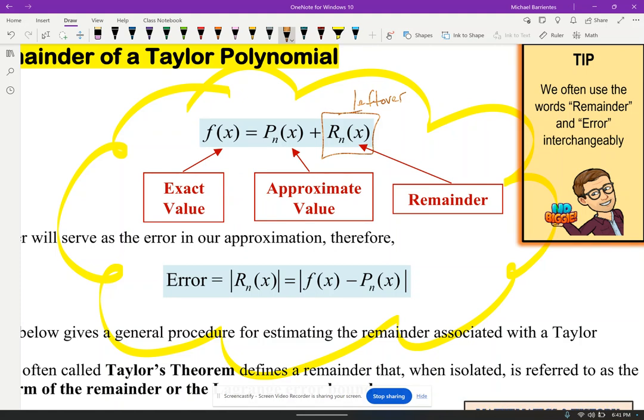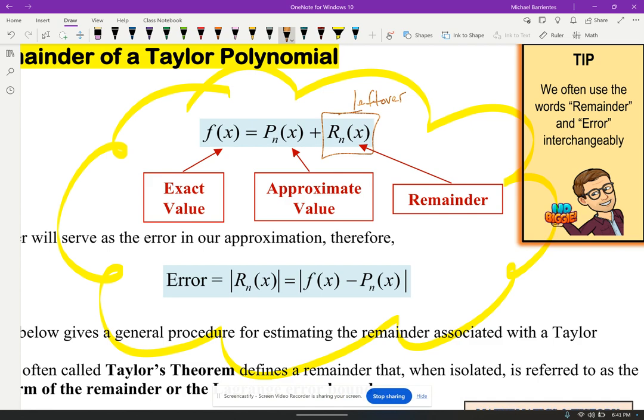And so therefore, this remainder is what we base the idea of this error on, that if I were to subtract the original or the exact value minus my estimate or my approximation, then the difference here is the error. And that error is this remainder, the leftover that I'm missing that would make it complete.